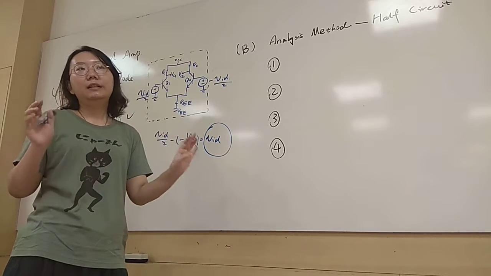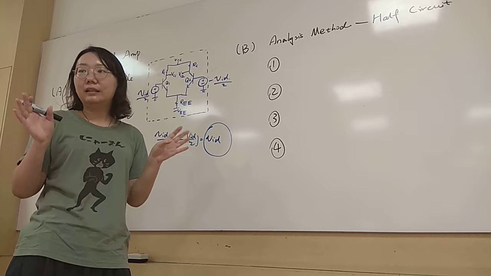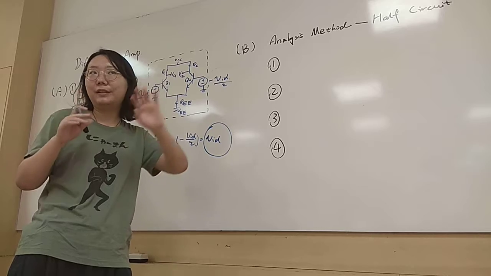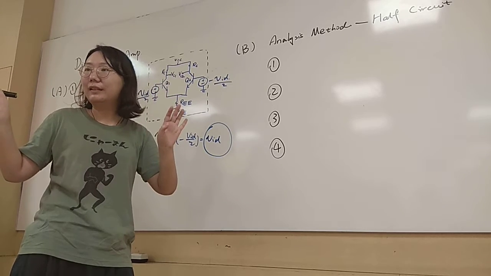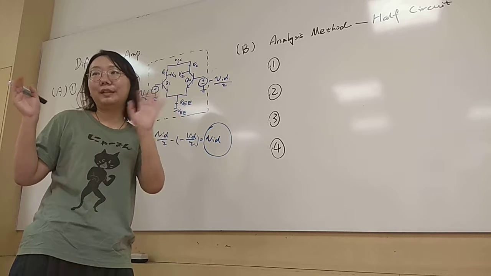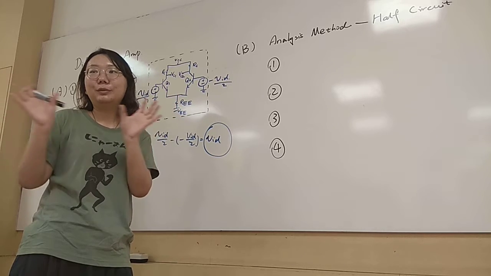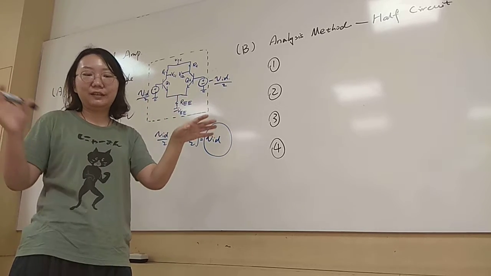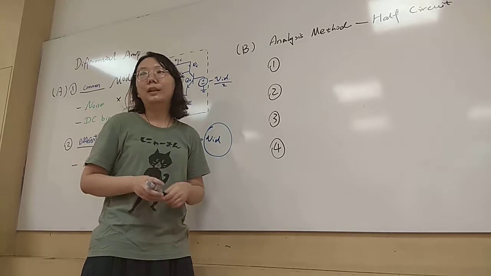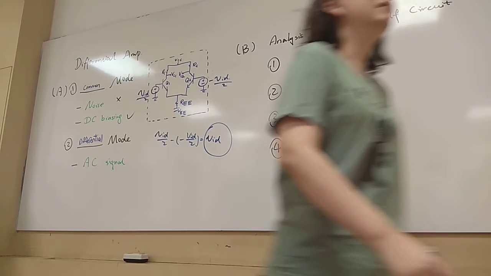Half circuit analysis is a method, okay? It is not in the same category as your AC DC analysis. When we're talking about AC DC, we're talking about whether the input signal is AC or DC. There are two modes, AC analysis and DC analysis. And half circuit is just the name of one of the circuit analysis methods.